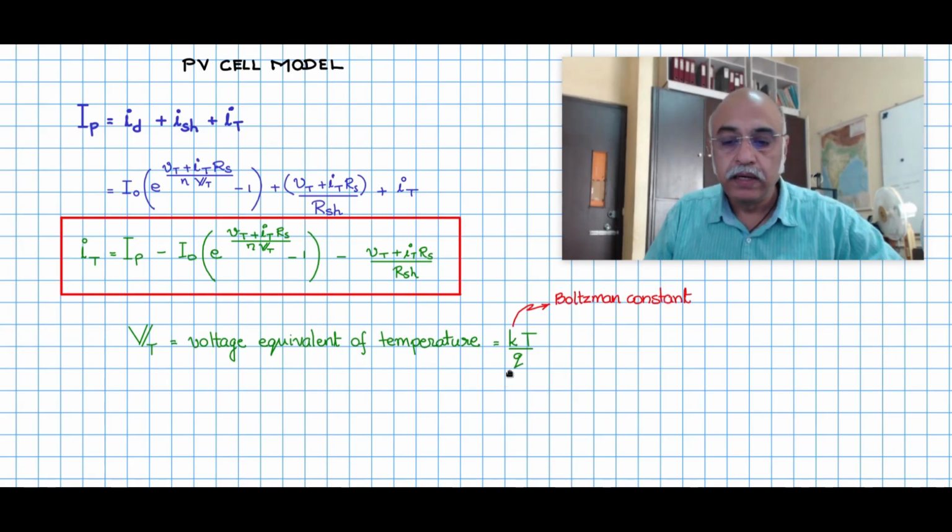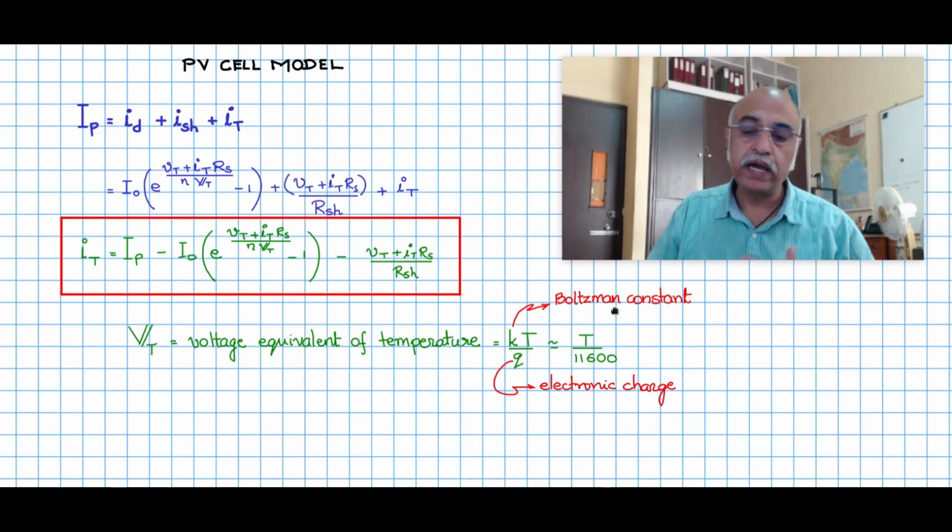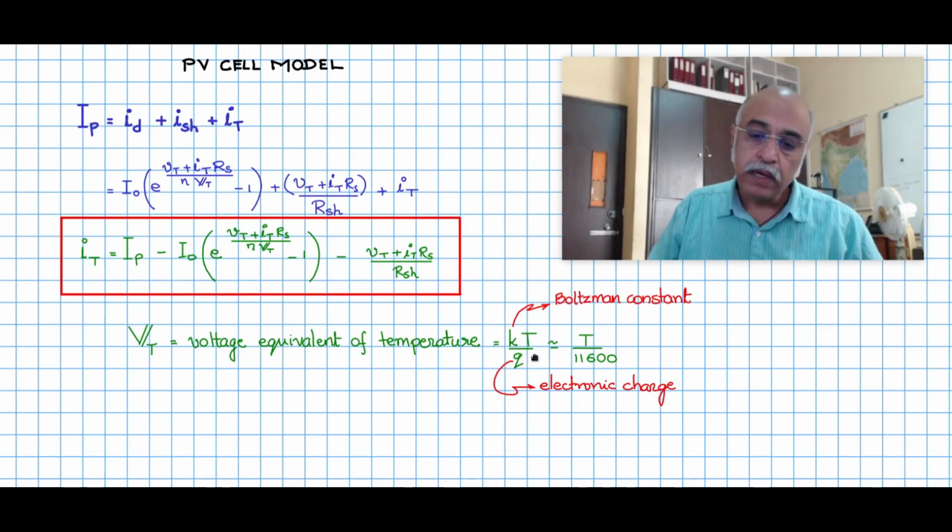If you take the values of the Boltzmann constant and the electronic charge, you will get T divided by approximately 11,600. You can try it out. Take the values from a physics constants book, and you should be able to calculate and arrive at this value.